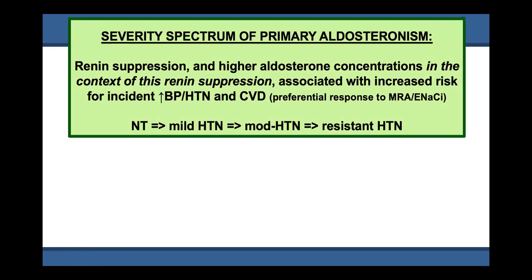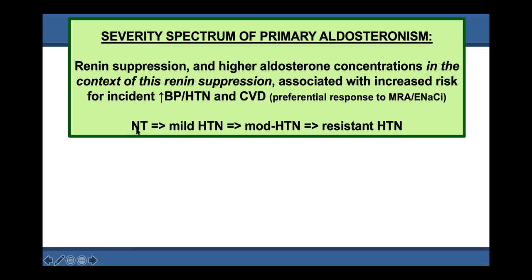So we refer to this as the severity spectrum of primary aldosteronism. In the context of renin suppression, higher aldosterone concentrations are associated with an increased risk for developing increases in blood pressure, incident hypertension, and cardiovascular disease. And the magnitude of this biochemical phenotype predicts the magnitude of the response to mineralocorticoid receptor antagonists and ENaC inhibitors in terms of blood pressure reductions.